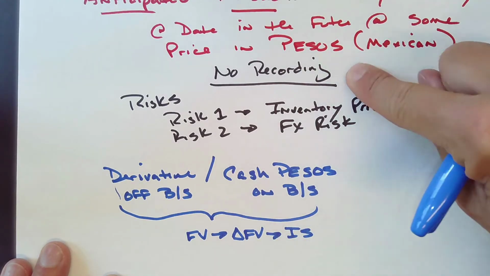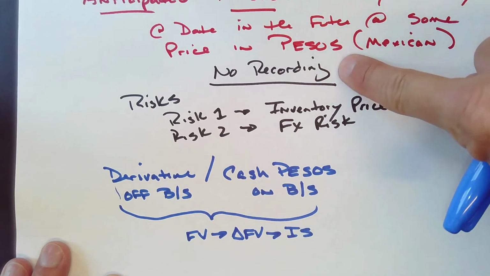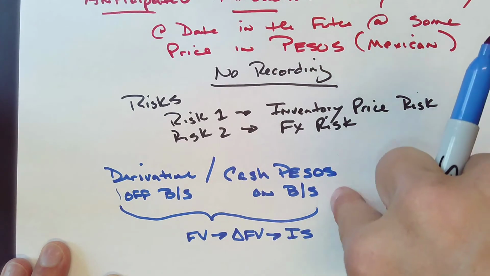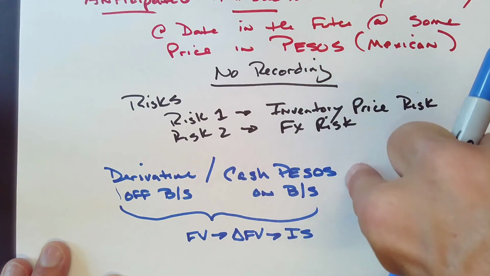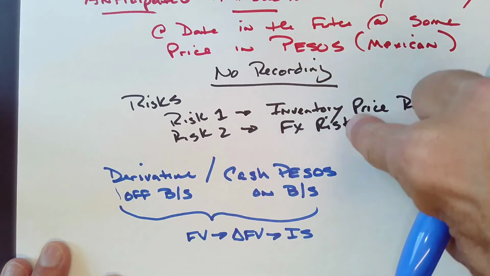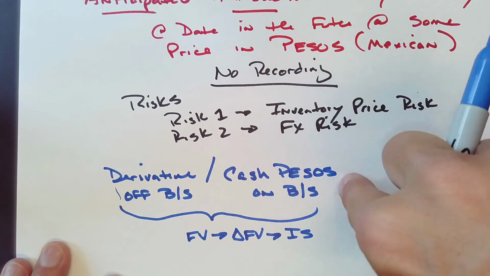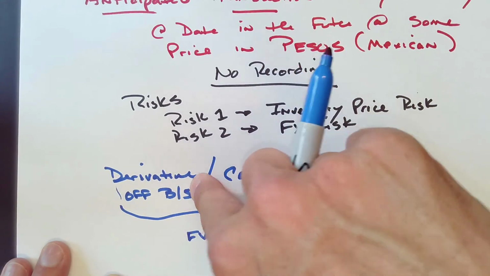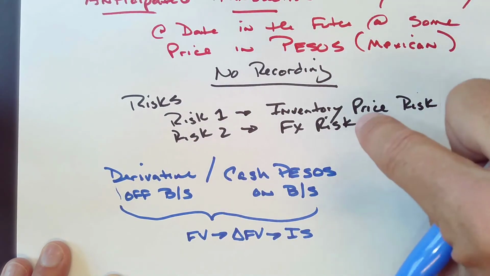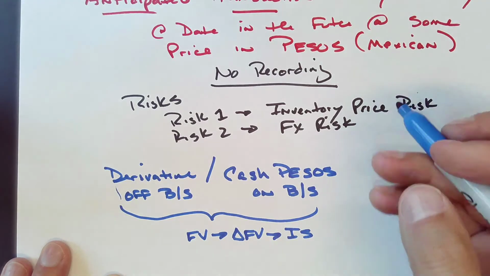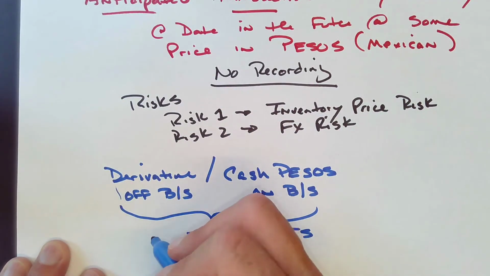But your anticipated transaction, no change. So as the pesos move, so will your income statement. So this makes more sense to get into a derivative to hedge this particular risk. So we can do the same kind of a contract.